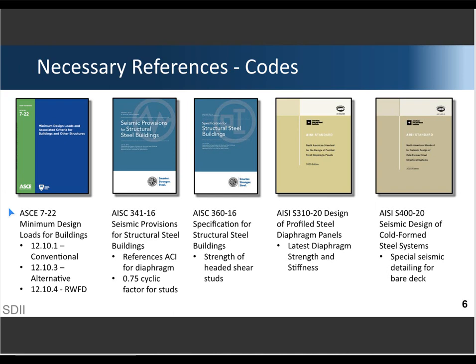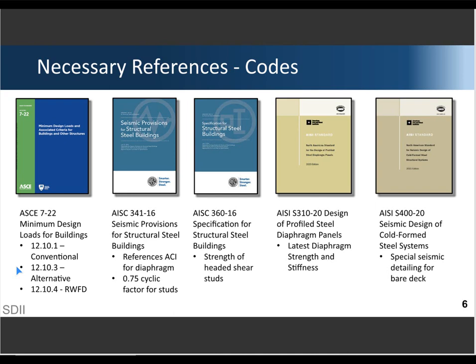ASCE 7, the version in 2022, actually has 3 different procedures for designing diaphragms. There's section 12.10.1, which is the conventional diaphragm design procedure, and that's the procedure that we've been using for years. 12.10.3 was new in 2016 and has been expanded in 2022.